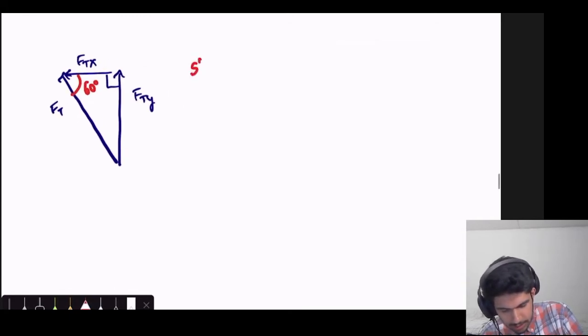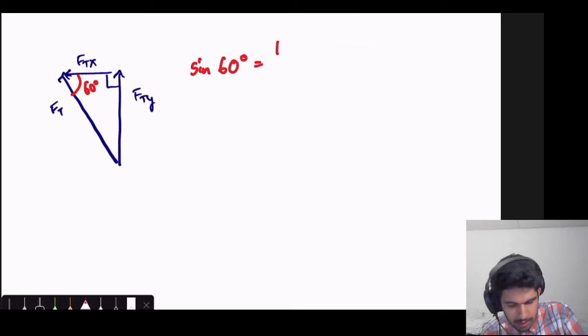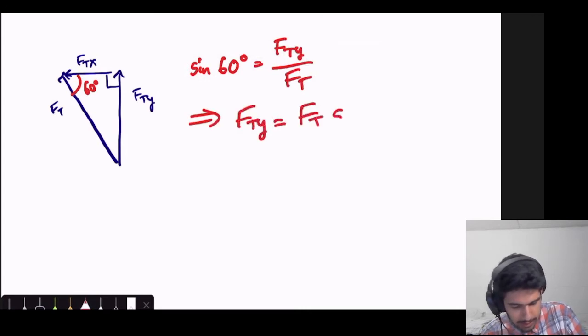So if we take the sine of 60 degrees, that's opposite over hypotenuse, that's Fty over Ft. This tells us that Fty equals Ft sine of 60 degrees.